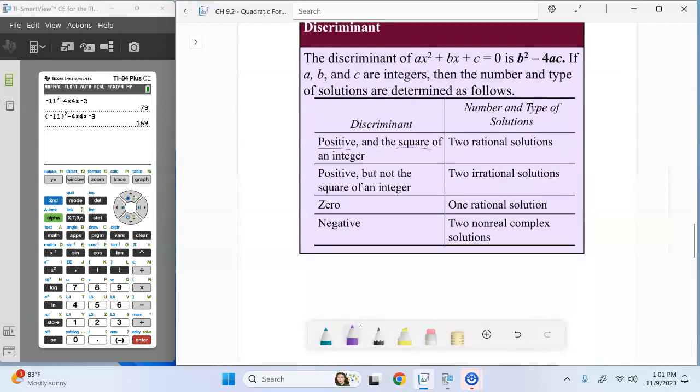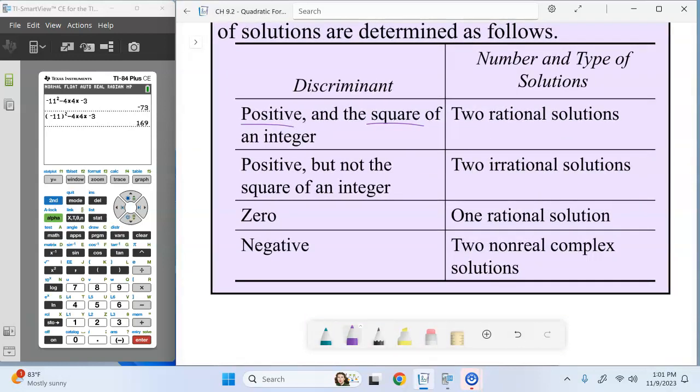We have a 0 underneath the radical, okay? That gives us 1 rational solution. And so think about this. If you have positive and negative square root of 0, what's the square root of 0? 0, right? If you add or subtract 0, does that make any difference? No, 1 solution.